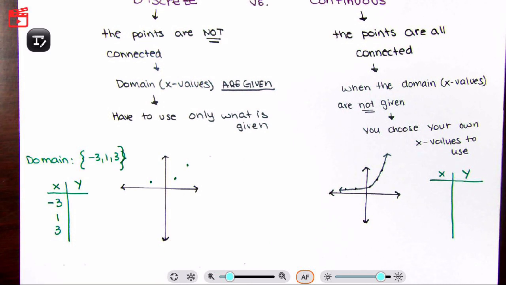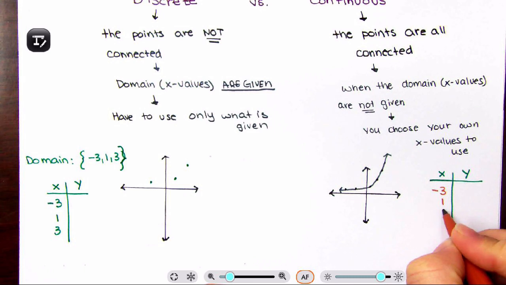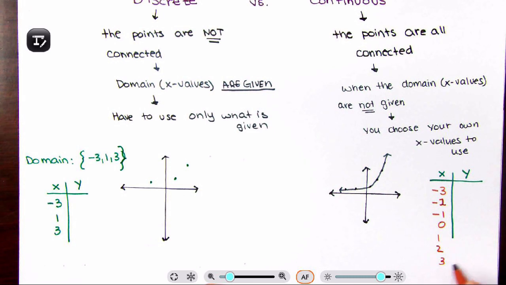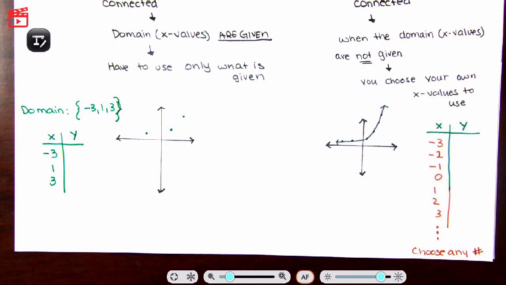If they do not give you the domain, you get to choose whatever you want. So if you want -3, 1, let's do -2, -1, 0, 1, 2, 3, etc. You can choose any numbers that you really want.